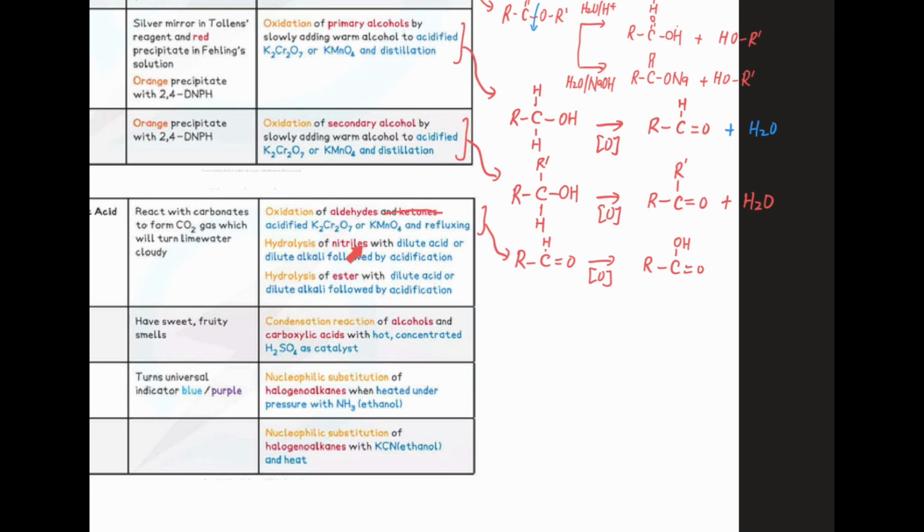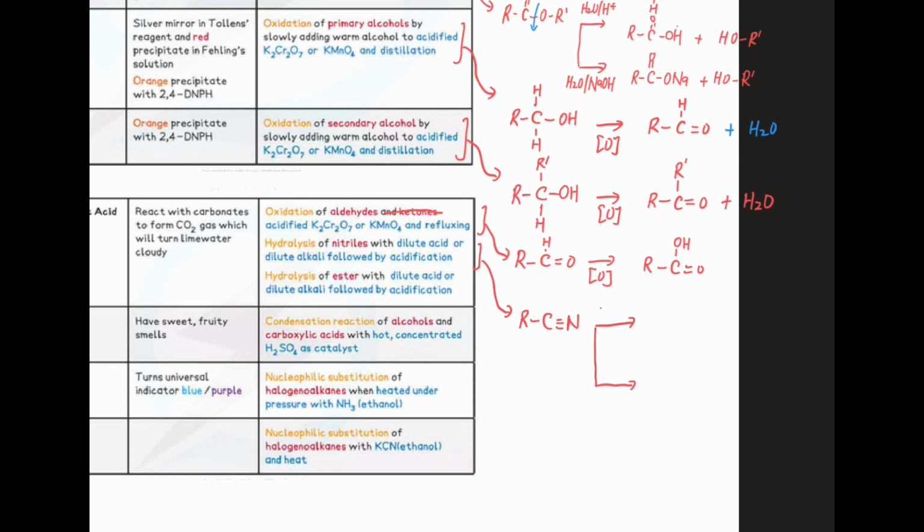Hydrolysis of nitrile with dilute acid or dilute alkaline, followed by acidification. Okay, let's see the equation. So we have nitrile. Nitrile is R, C, triple bond, N. So this nitrile, you react with two situations, either alkaline or acid.